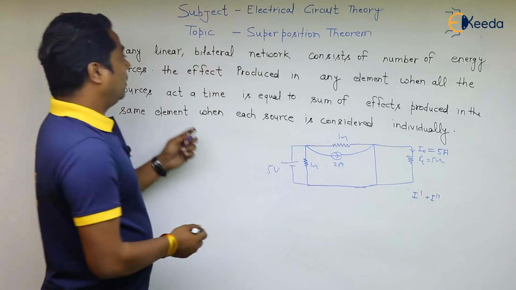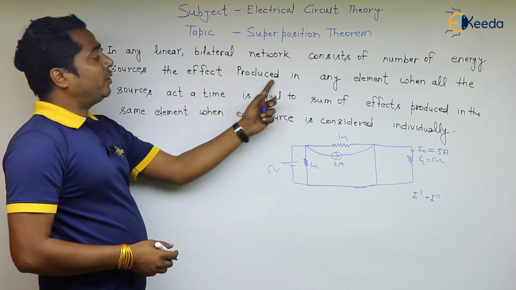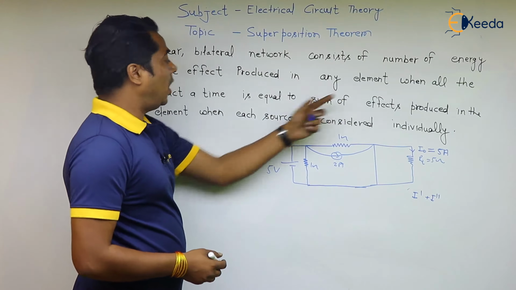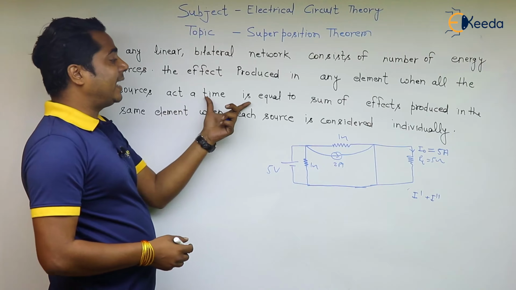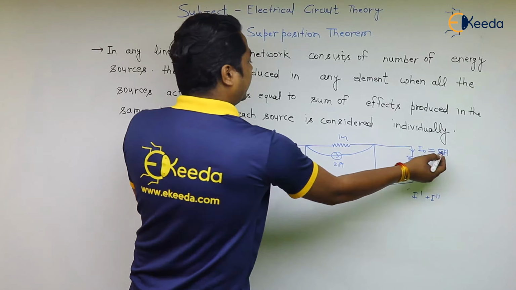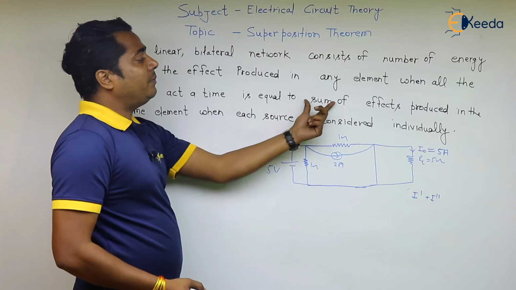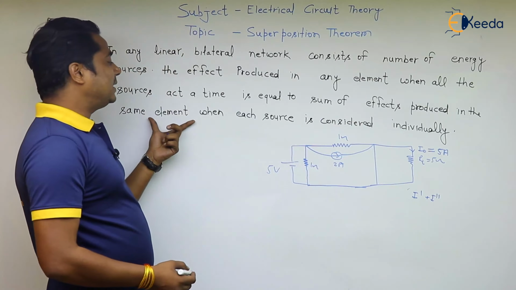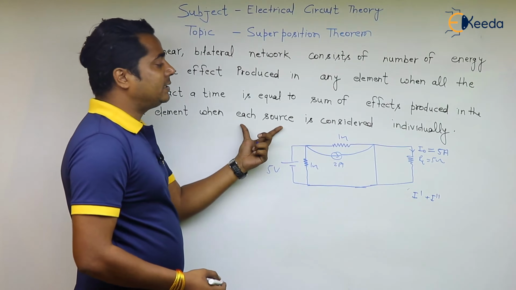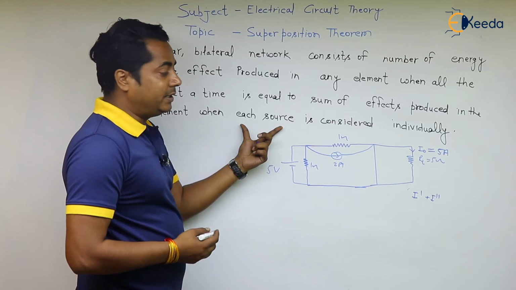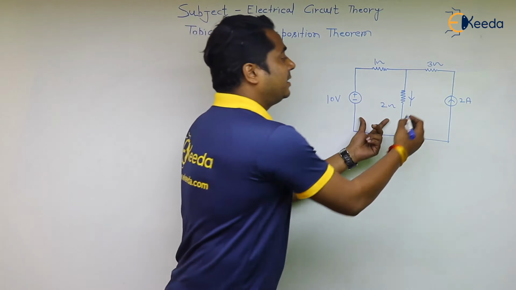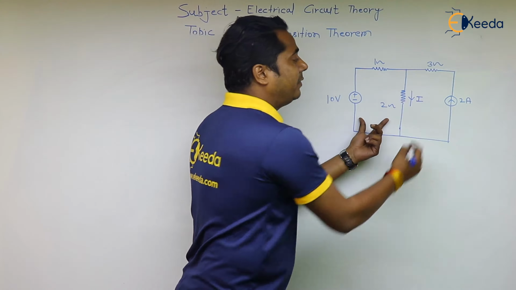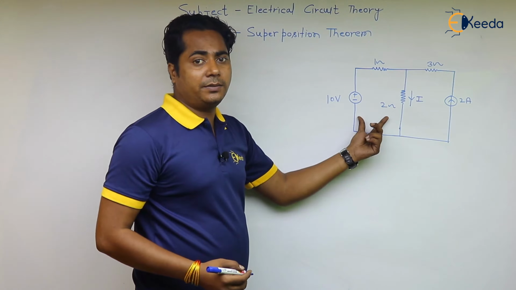It means the effect produced in any element when all the sources act at a time, 5 ampere, is equal to the sum of effects produced in the same element when each source is considered individually. Let us calculate the value of I and verify the superposition theorem.